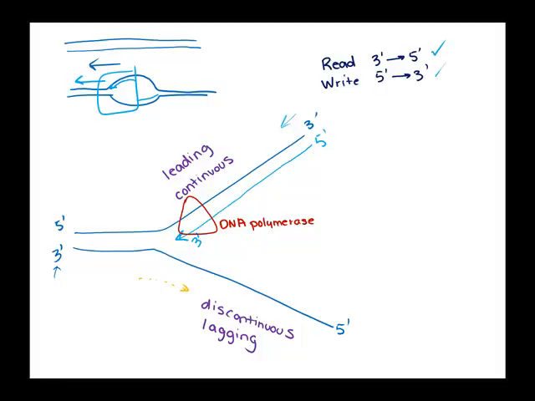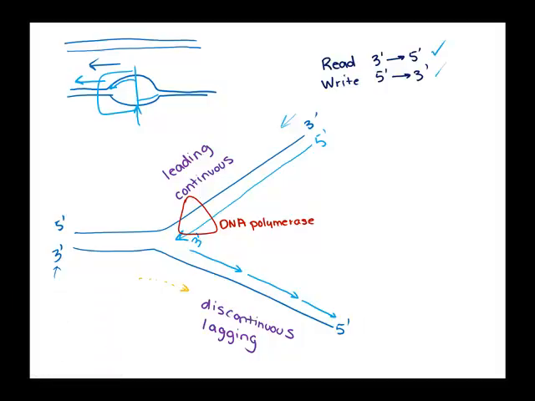So, in order to do this, what I'm going to do is I'm going to start right at the origin of replication, and I'm going to lay down a chunk of daughter strand, and then I have to hop backwards, lay down another chunk of daughter strand. I'm going to hop backwards, all my enzymes are going to physically move, lay down another chunk of daughter strand.